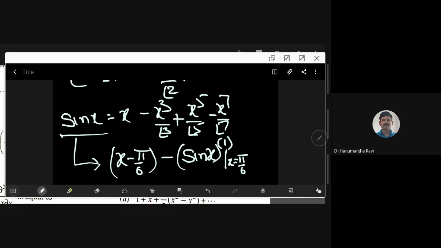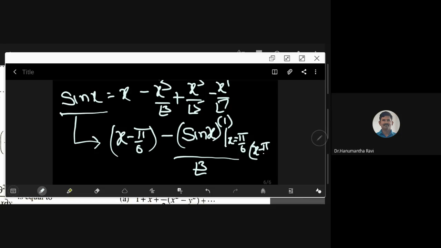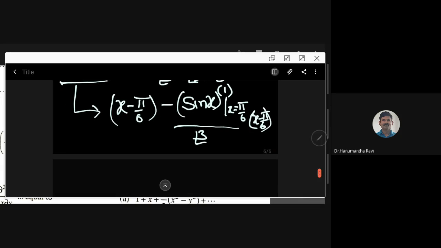Then divided by factorial 3 into x minus pi by 6.